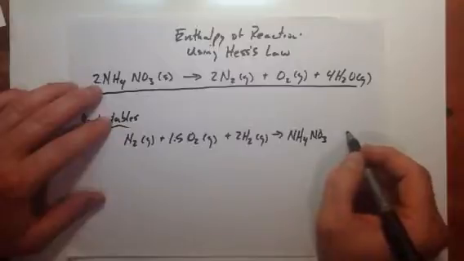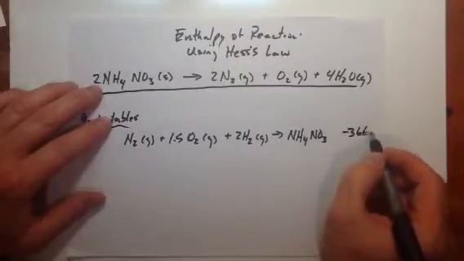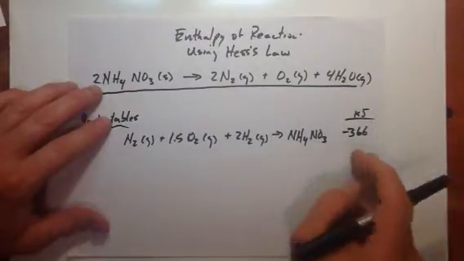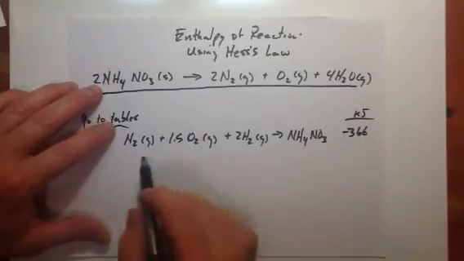Now I'm going to put to the side here the roughly amount of kilojoules of energy that's given off if it's a negative, or taken in if it's positive, for this reaction.